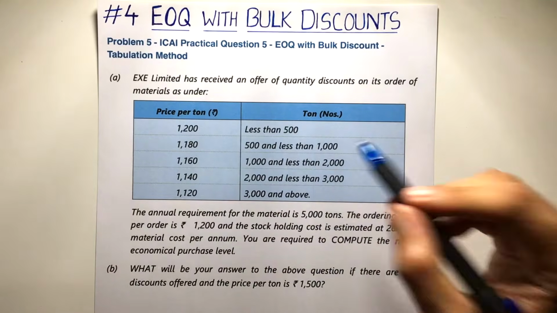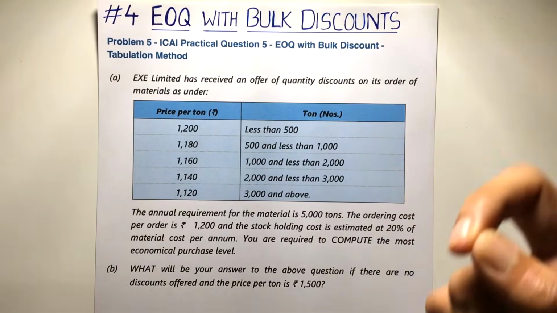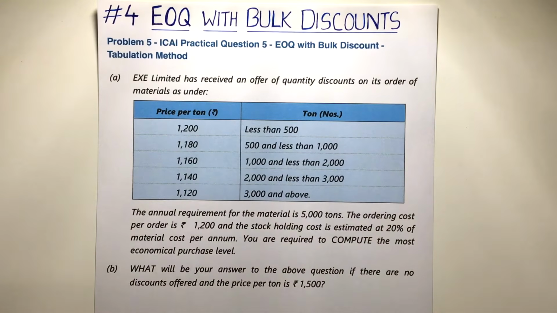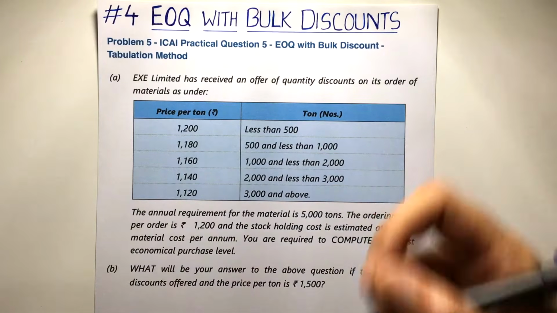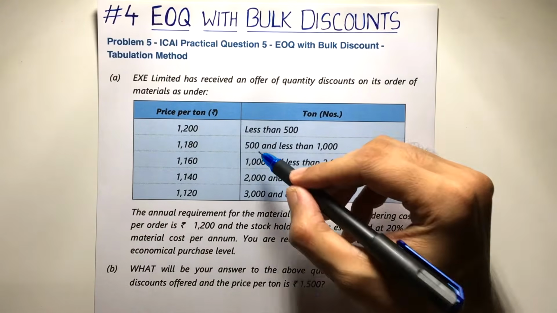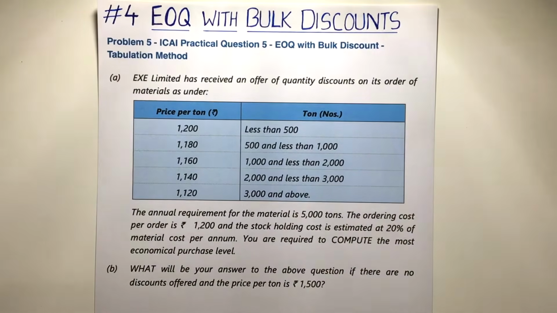What's the logic of ordering 900 when if you increase the quantity by 100, you can get a discount? So whenever we have discounts, we always select the lower limits. In second, third, fourth, fifth, always select the lower quantity as the order quantity.